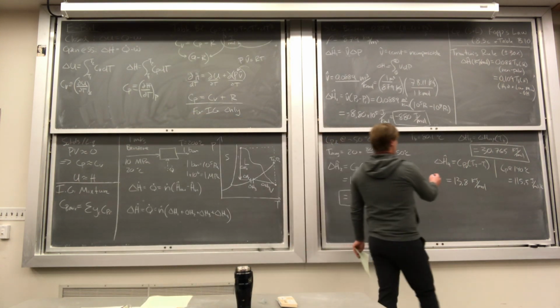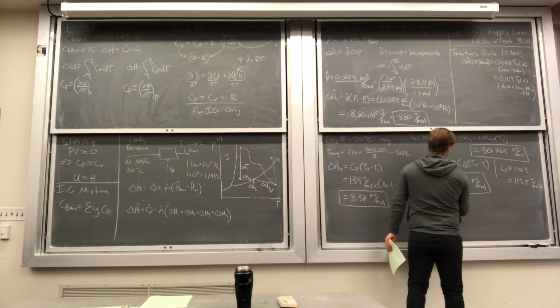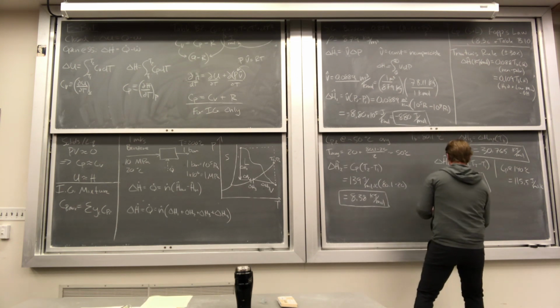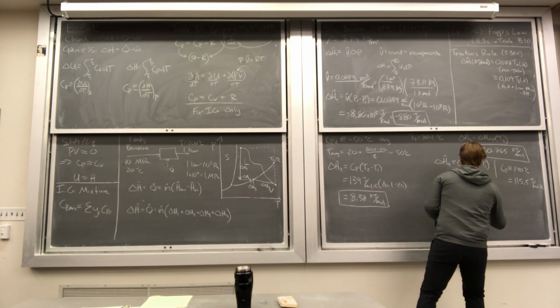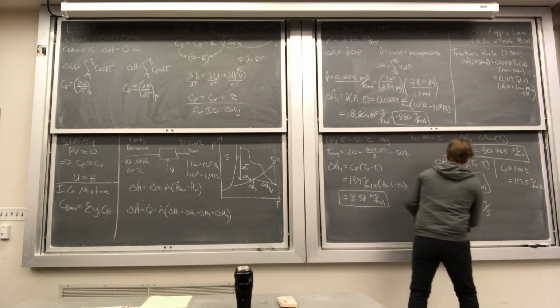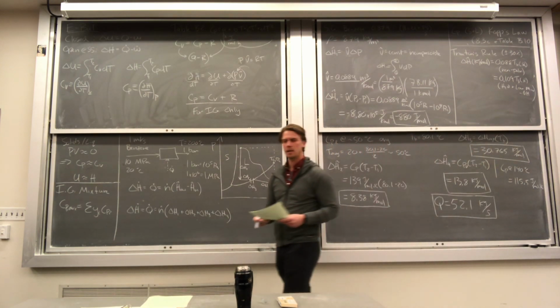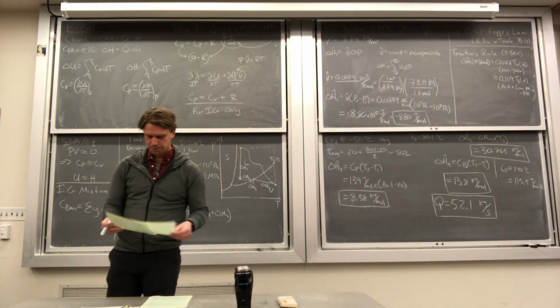I plug all of these values together, and I get my final answer of Q is equal to 52.1 kilojoules per second. Is how much heat I need to complete this process.